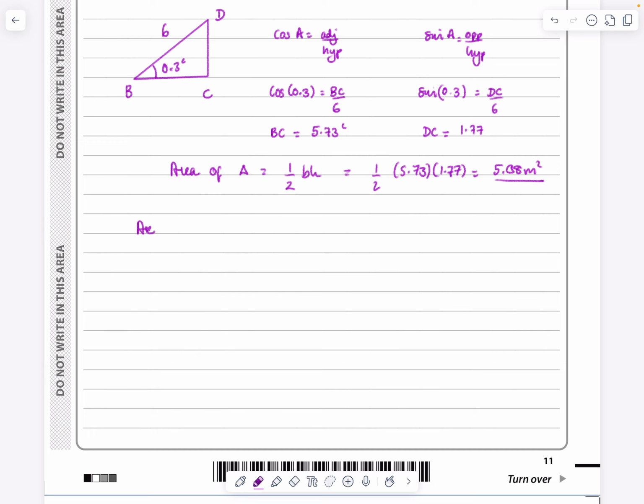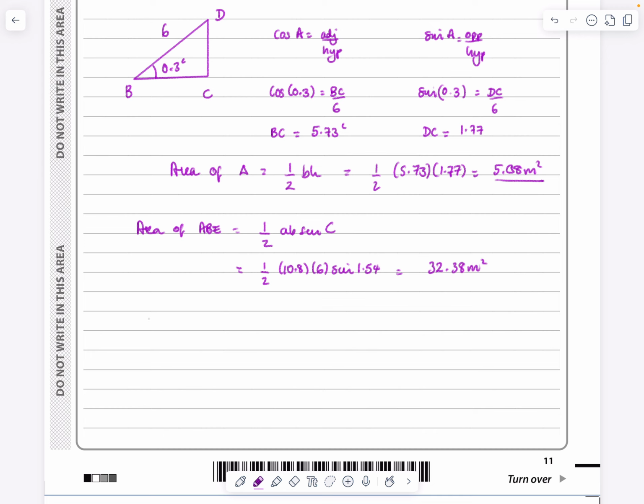The area of ABE is just going to be half AB sine C for that triangle, so that's going to be a half times 10.8 times 6 times sine 1.54. We have everything we want to be able to do that one there, so that works out to be equal to 32.38 meters squared. Already done the calculation for that.